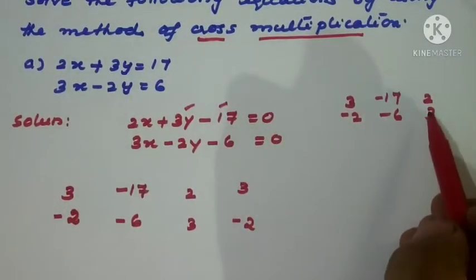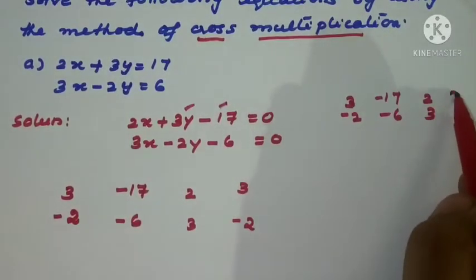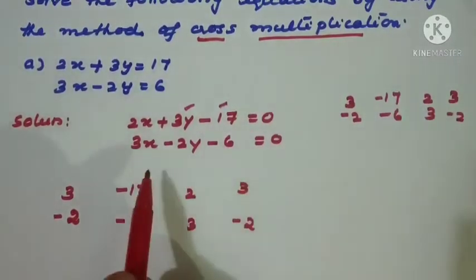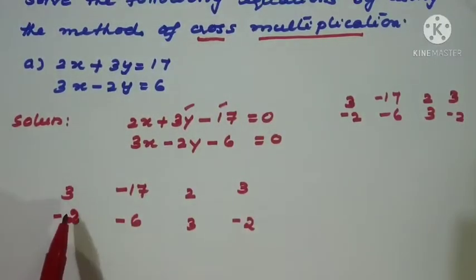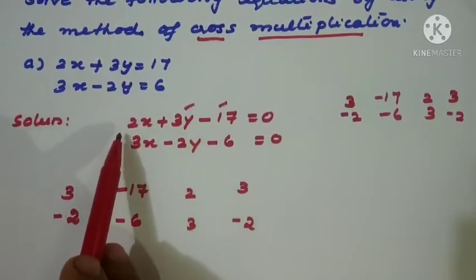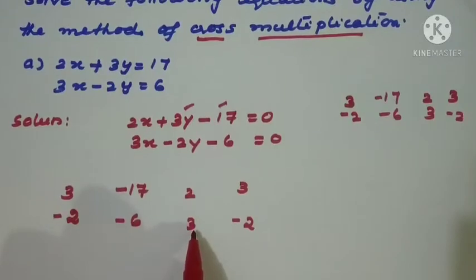One more time we repeat y only. So we start with the second variable and end with the second variable. Once more: coefficients of y, 3 and minus 2, then constants minus 17 and minus 6, then 2 and 3, the first variable coefficients, and again y.